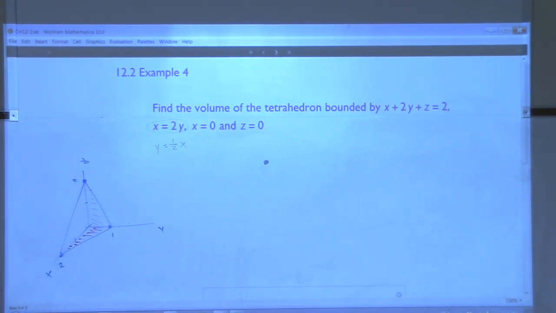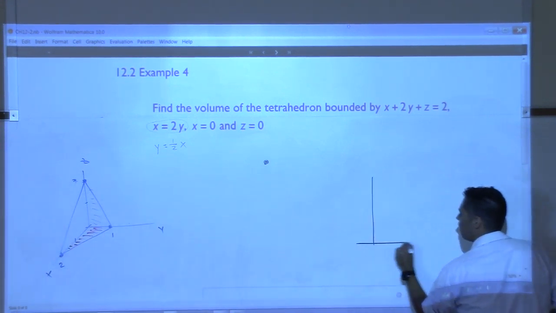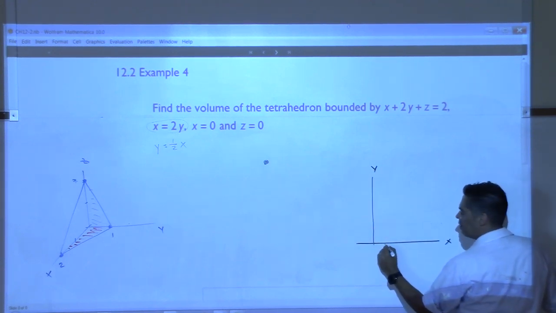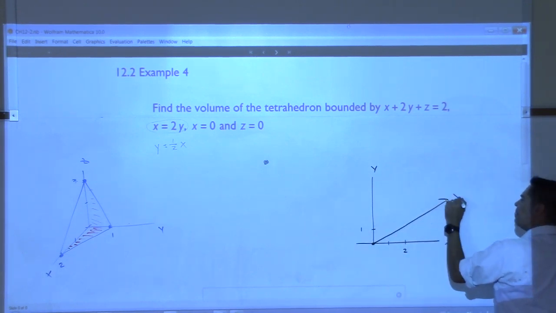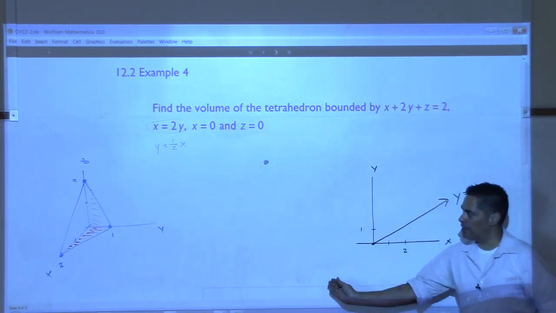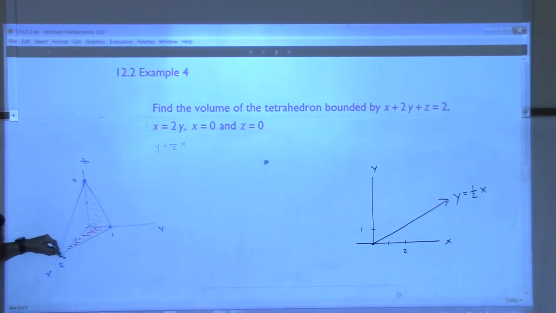So one way you could visualize that is, let's look at just the ground, just the xy plane. y equals 1/2 x, right? That line goes in both directions. But if I plot that here, if x is 2, y is 1, I know that line would come through like that. Do you all see that?